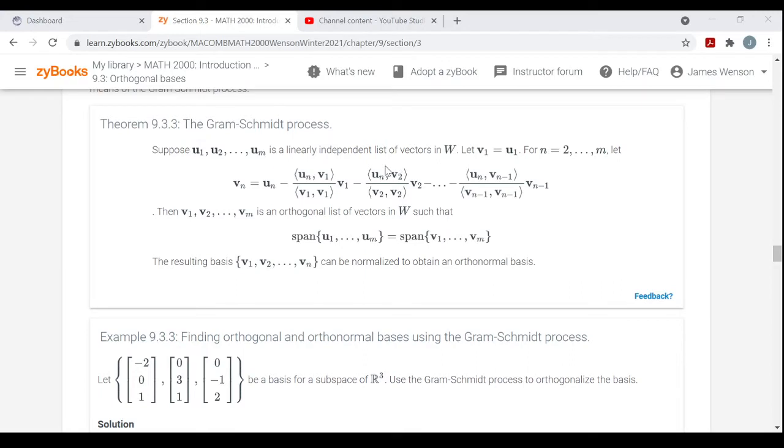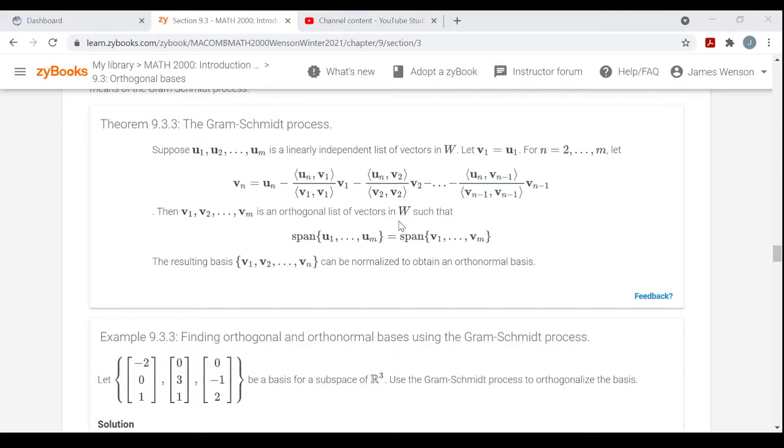And then this is the vector projection of un onto v2, and so on up to the projection of un onto v sub n minus 1, the previous v. And this set of vectors v will be an orthogonal list of vectors.